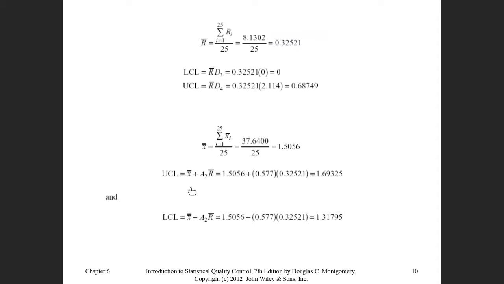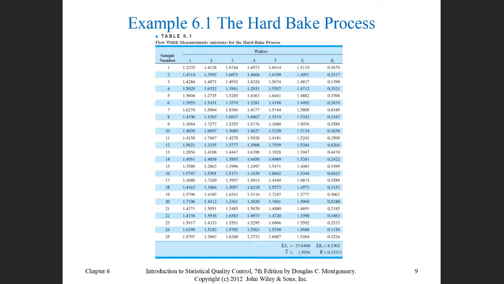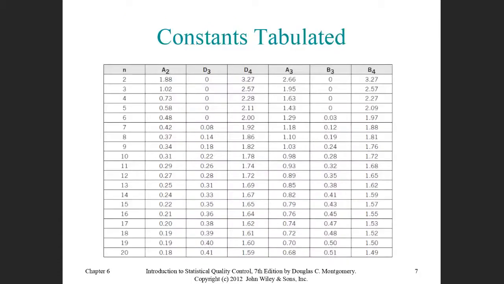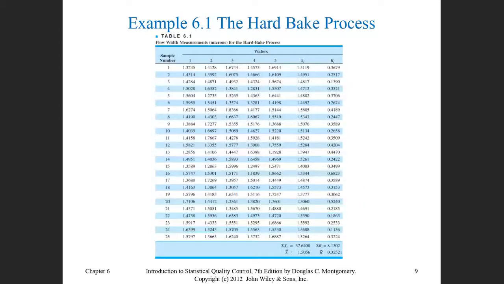The upper control limit is calculated using the X double bar, which was found from the previous readings, plus A2, which can be found from the table here. A2 for size 5 equals 0.58. You can see it here is 0.577, which is the same, just 2 digits rounding.